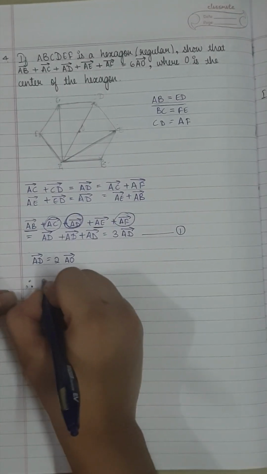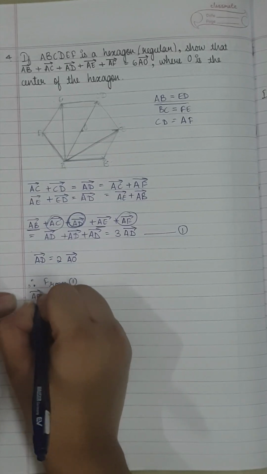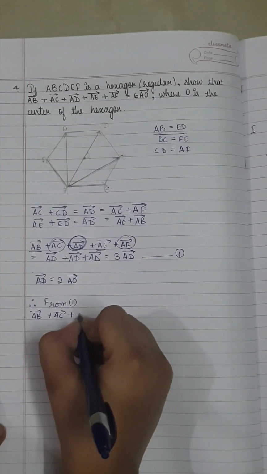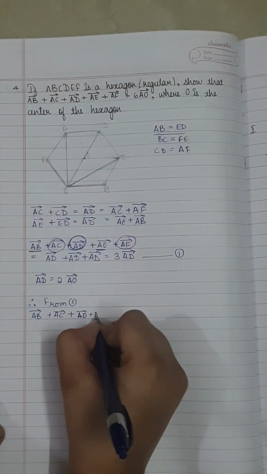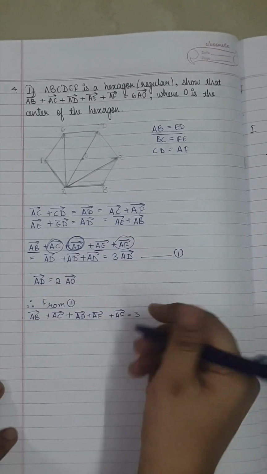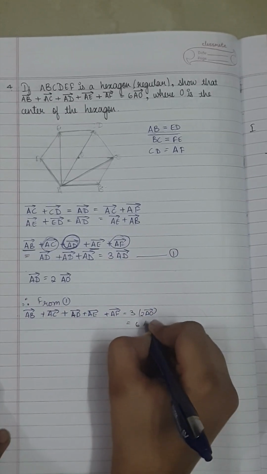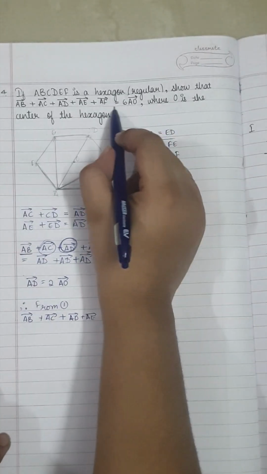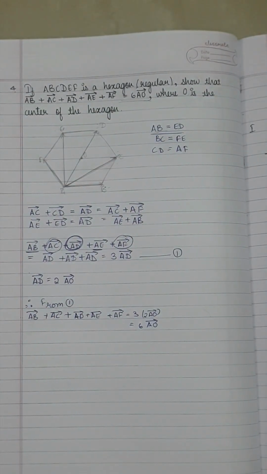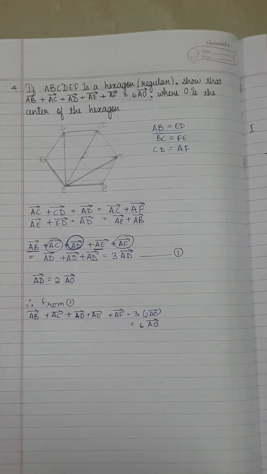Therefore, from 1, we get to know that AB vector plus AC vector plus AD vector plus AE vector plus AF vector is equal to thrice AD, and you found AD to be 2 times AO vector. That means it's 6 times AO vector, which you are asked to show in the question. So hence, you have verified what was given in the question. If they say hence verify, you say hence verified. If they ask you to prove, you write hence proved. And here, you have shown.